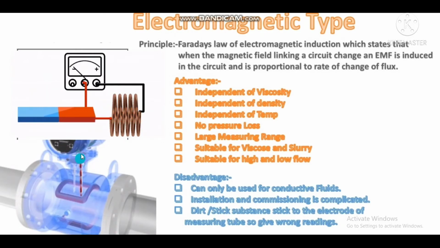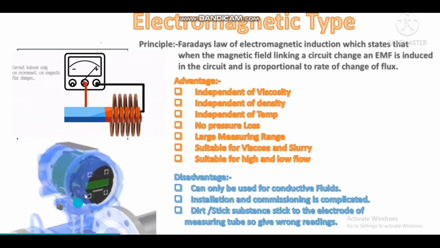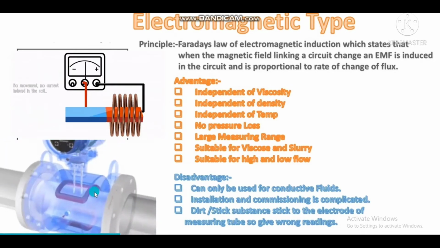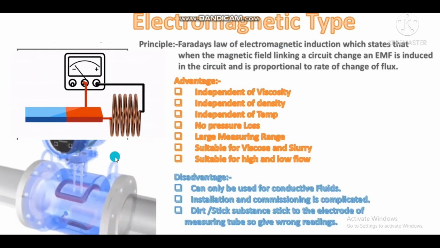We can see that these two electrodes are at the north pole and the south pole of the magnet, and then we can detect the change in the flow rate at the time. So this is how the electromagnetic flow meter works on the basis of Faraday's law.